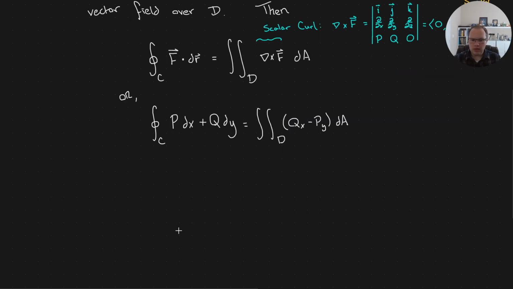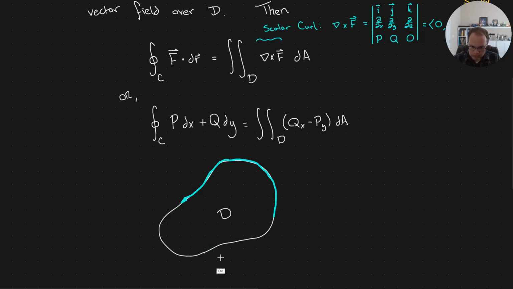Now what it's doing is we have some region D. C is the boundary of region D. That's curve C, and it's oriented counterclockwise.